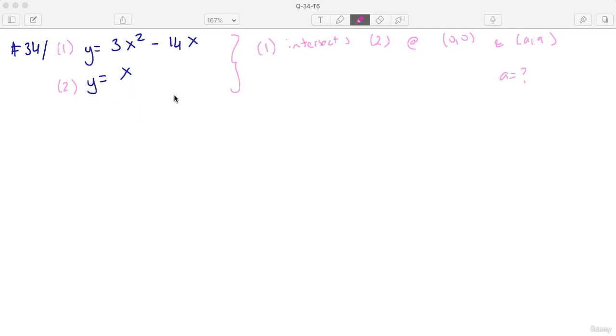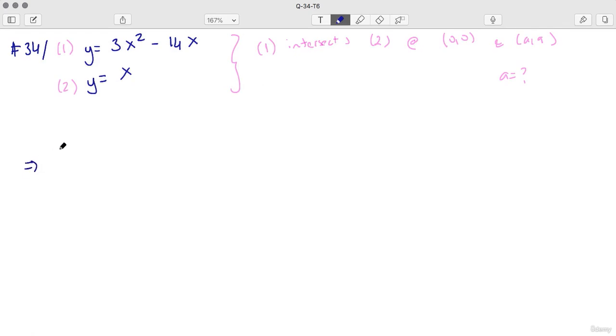But that doesn't matter really. The way to solve it is always the same. To solve a system, we'll do either substitution or elimination. Here we'll do substitution.